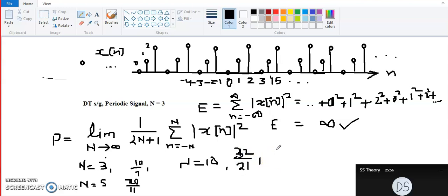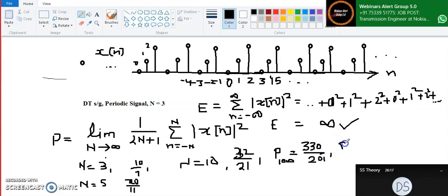Similarly, I have calculated it for 100 also. So for 100 terms, the power will come out to be 330 divided by 201.